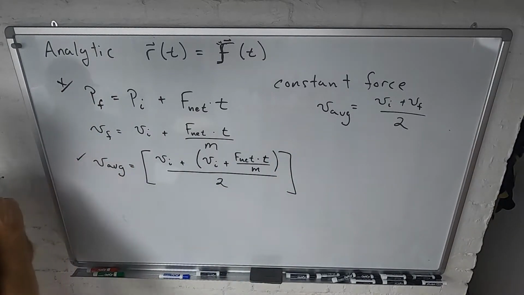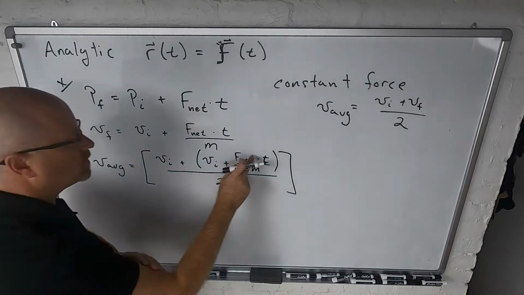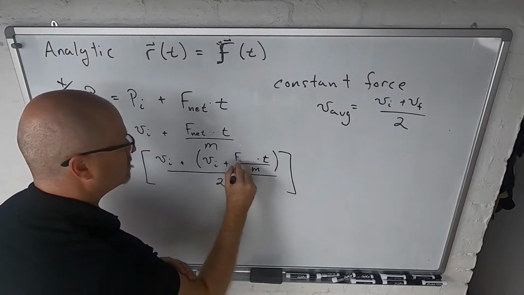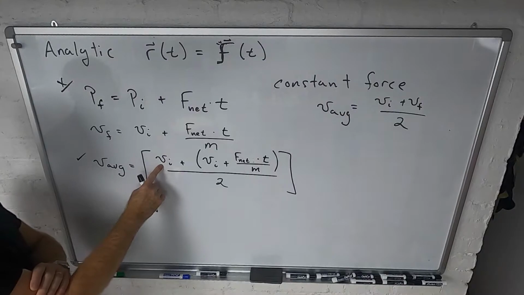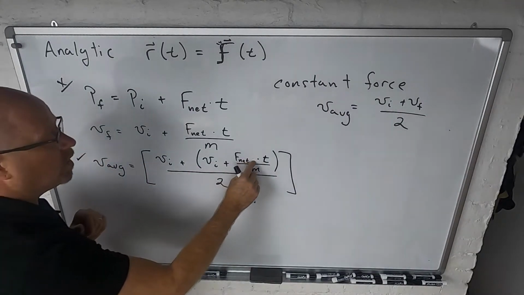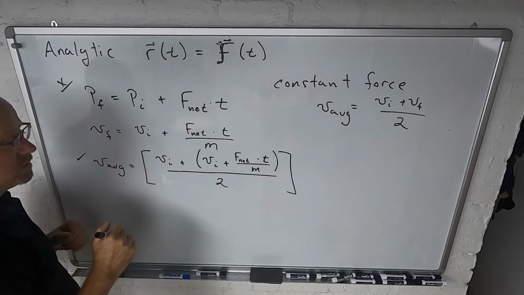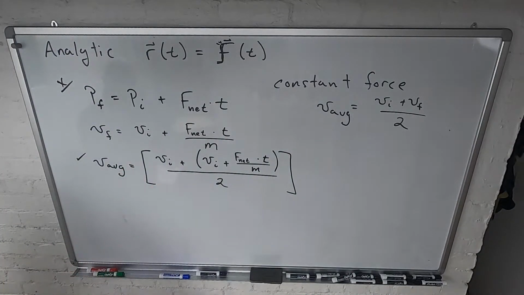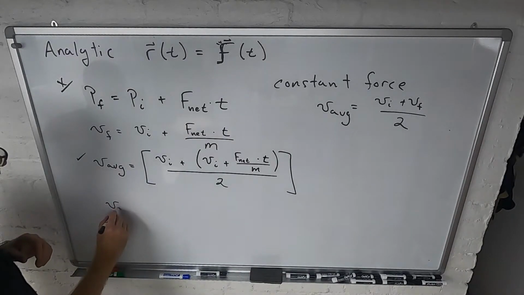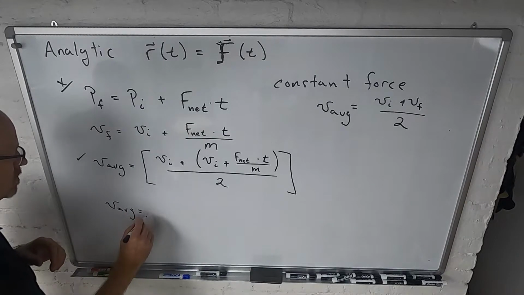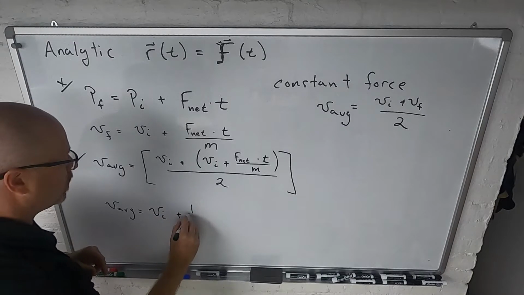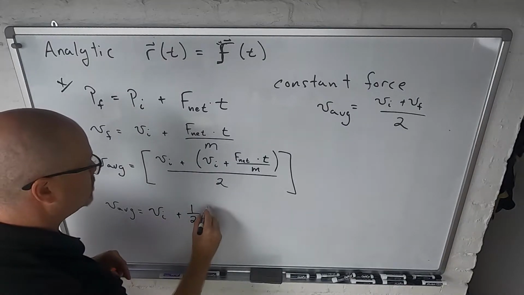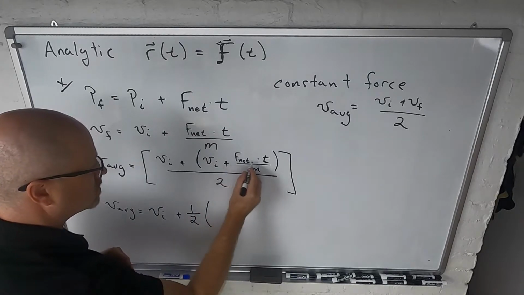Okay, so I have an important component. Now, I don't want you to get confused by this. I'm just using definitions of what V final is, and I still don't know what V initial is. I'm going to work completely with all things symbolic. Okay? So V average then becomes, well, I get 2 V initial plus 1/2 times, well, just this.